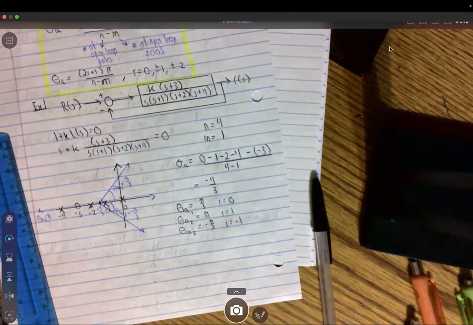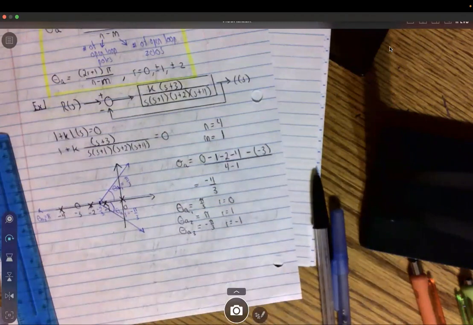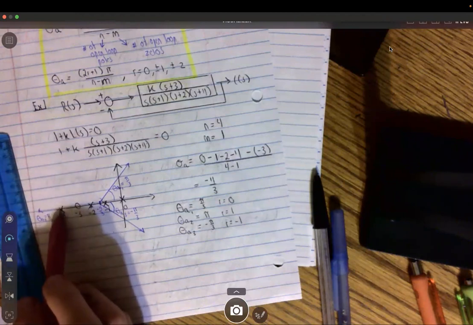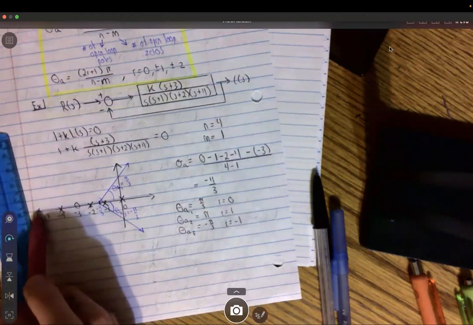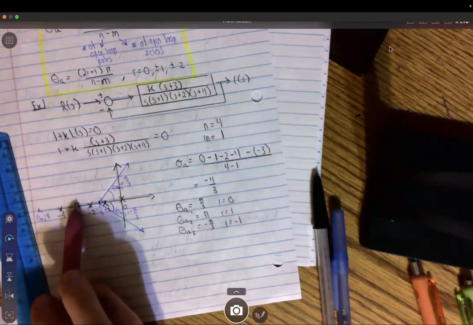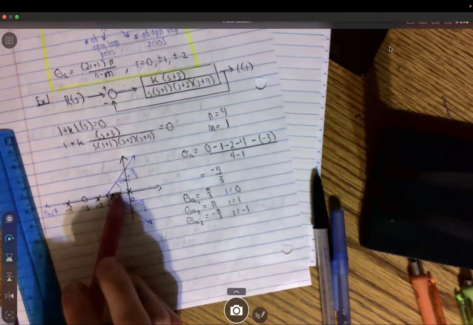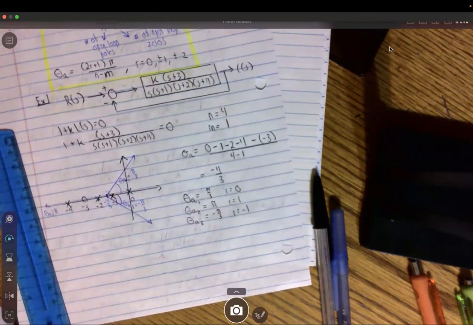Now we determine our asymptote paths. And so what we're going to see here is when we actually look at the plot, you're going to notice that this pole is going to go towards infinity. This pole is going to be attracted towards this 0. And then these two poles, one's going to follow one asymptote up here and one's going to follow the other asymptote down here.